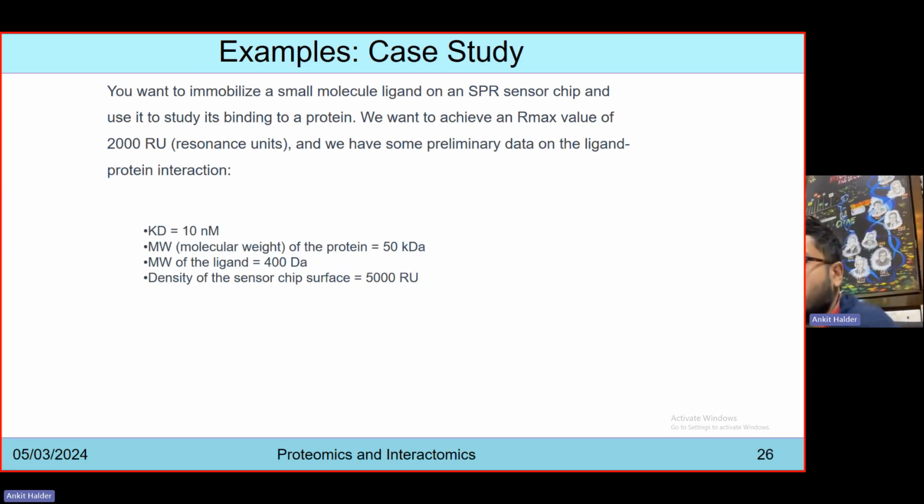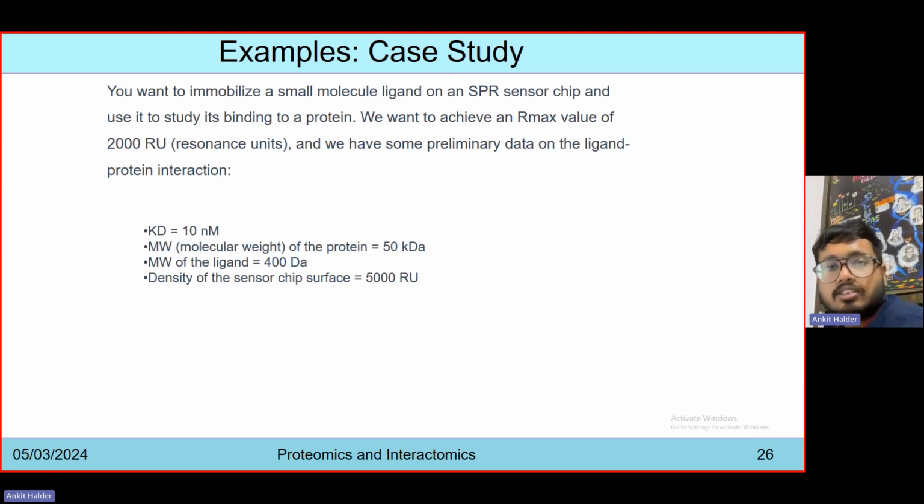Now the second example is where you want to immobilize a small molecule ligand on an SPR sensor chip and use it to study binding to a protein. You have an Rmax value of 2000 RU, that is the response units, and some preliminary data like the KD.